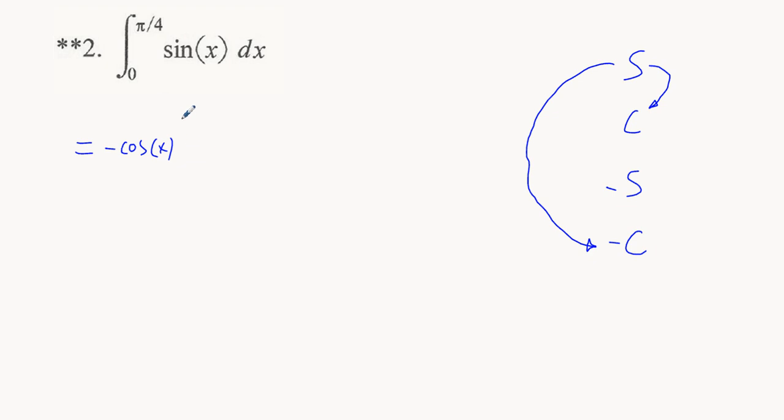And we're going to evaluate from a to b, right? It's b, so from 0 to pi over 4. And so continuing below, we're going to have negative cosine of b, which is negative cosine of pi over 4, minus negative cosine of 0.